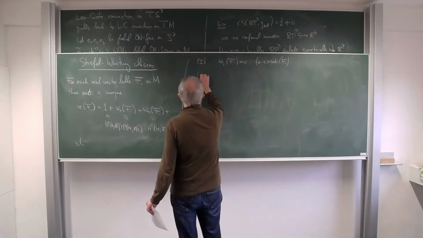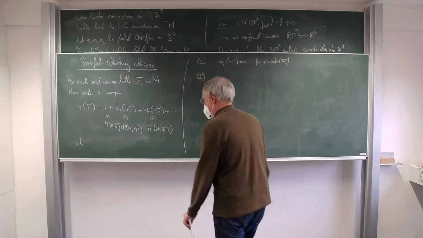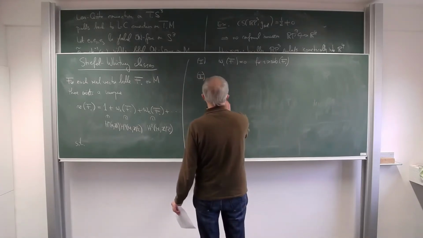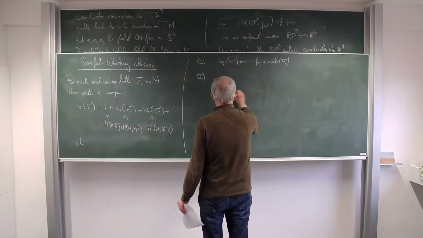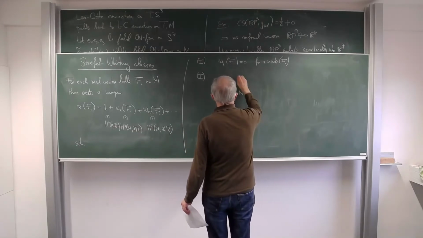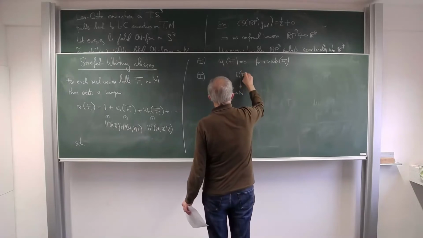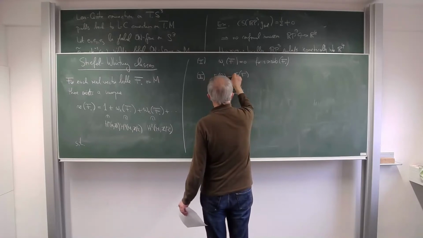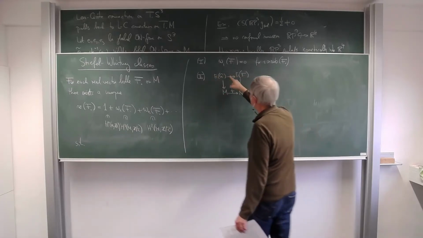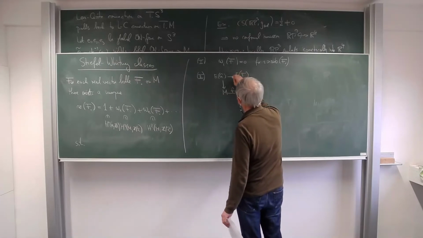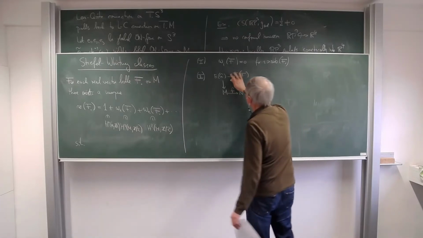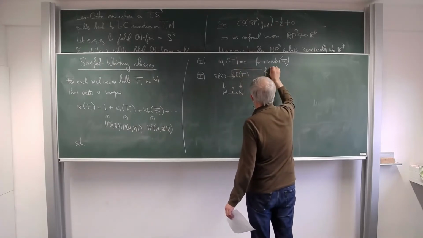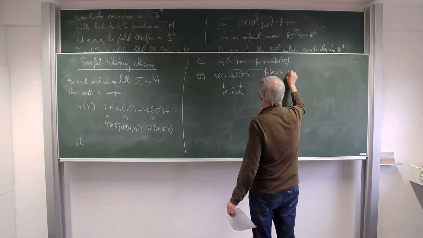Secondly, if we have a vector bundle map, so we have a map from N to M, the total space of F, the total space of G, and then some map here, and this map should be a fiberwise isomorphism.